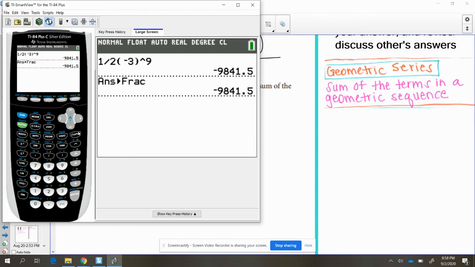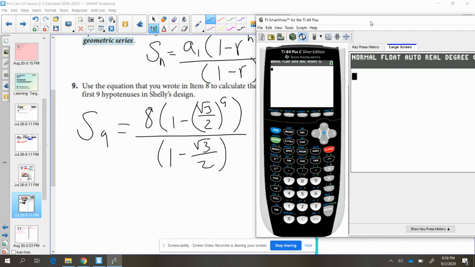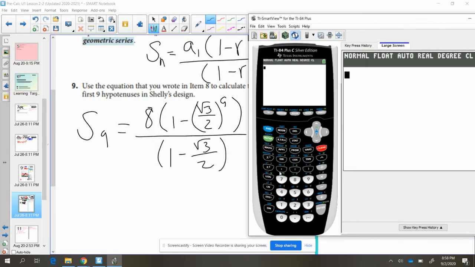Rate your own calculator skills here, but I recommend, especially with this one with all these crazy radicals running around, doing this in 2 steps. So I'm going to take the numerator first, and I'm going to type this in so that I get each piece appropriately, all of the lovely parentheses.